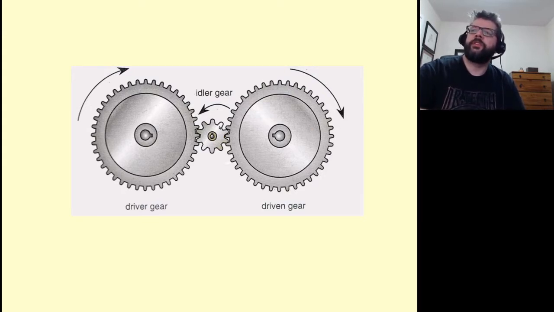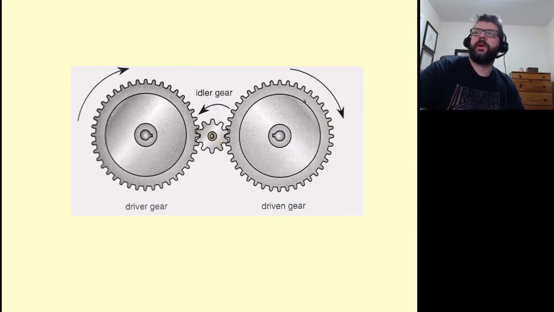So the rotational speed of the idler gear here will be faster than either of these two, because when we go from the driver gear to the idler gear, we've got more teeth here. So for each rotation of the driver gear, the idler gear needs to rotate a bit more.